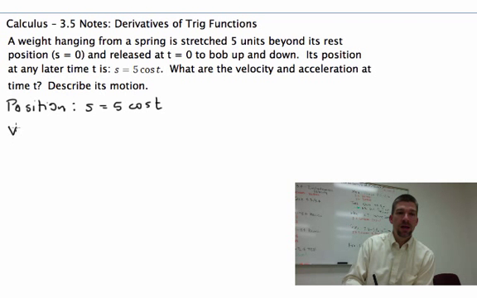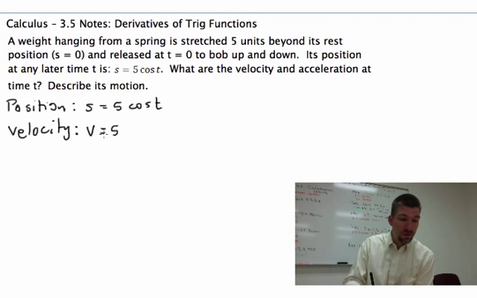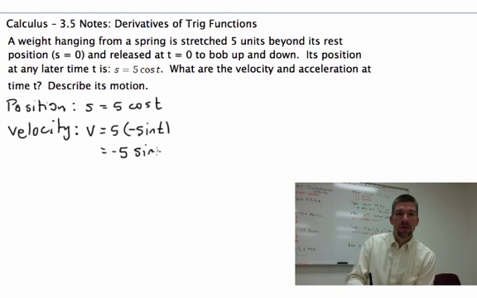So velocity is the derivative of position. So velocity then is going to be 5, and then times the derivative of the cosine, which is negative sine t. So velocity is going to be negative 5 sine t.